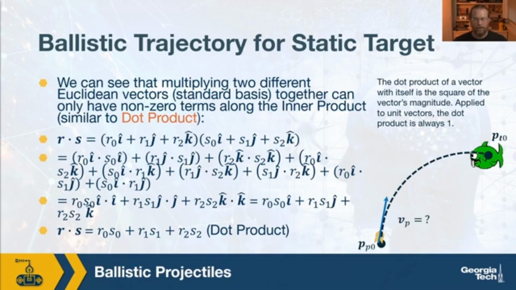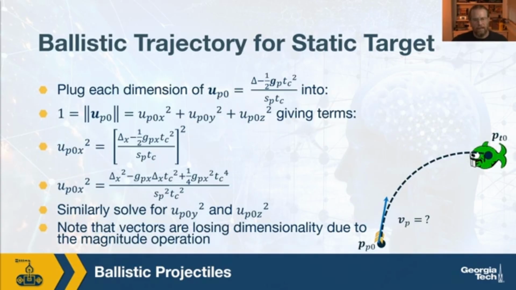But as you recall, if I go back slides, we were plugging in to the magnitude. So we're replacing the u terms, the unit vector u that's referring to the direction of our launch.